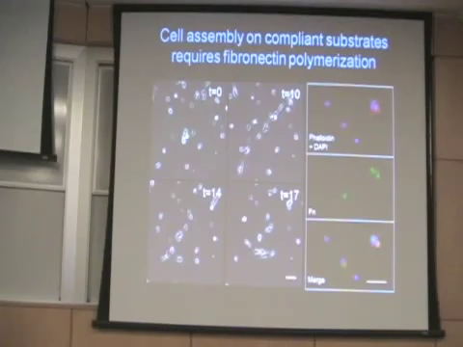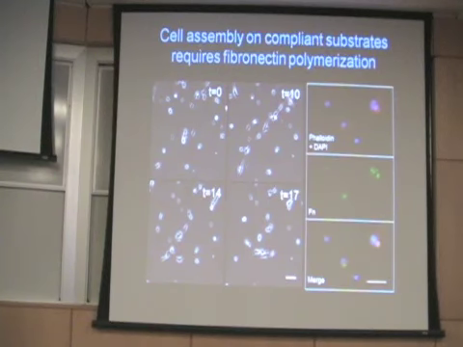In this compliance, where we normally see network structures form, over time they start aligning, like we would expect. And then over additional time, they just disassemble. The cells aren't dying, but they're not adhering, and they're not forming networks. And we stained for fibronectin, and as we'd expect, it's not forming these fibrillar structures. It's adhering to the cells, it's being produced, but it's not actually being polymerized.